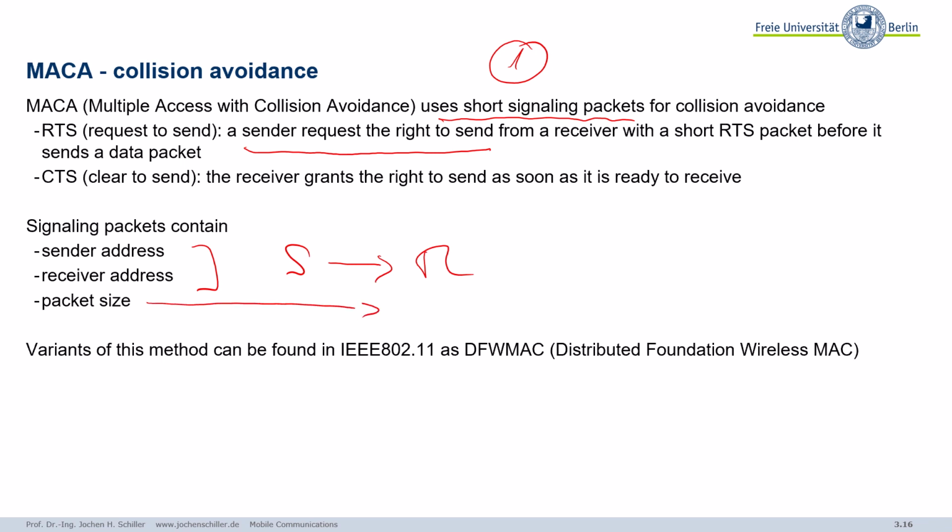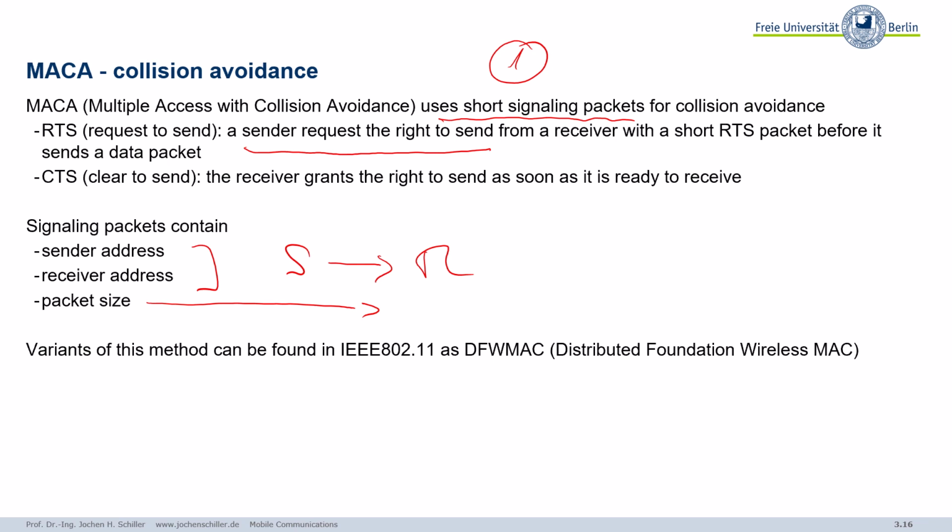The packet size will tell us for how long we need the medium. So how long do we actually block the medium? This is important for all the other stations because if they know the packet size and the data rate, they know now I have to be silent for the next 300 something microseconds, for example.